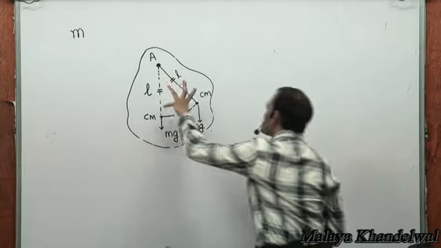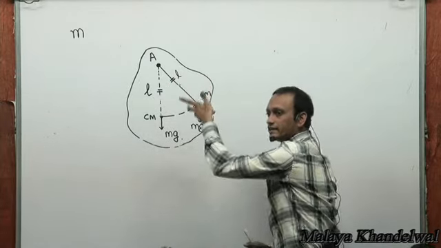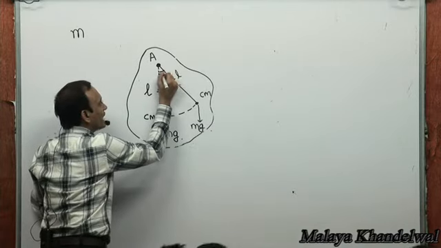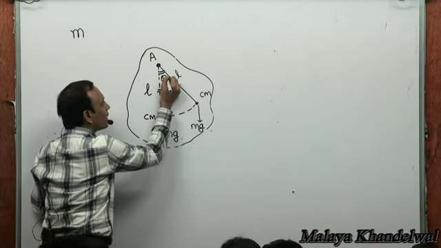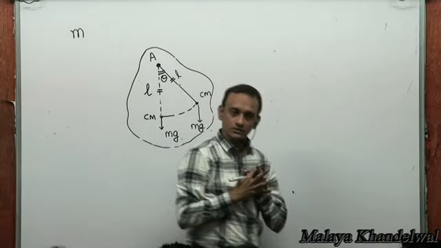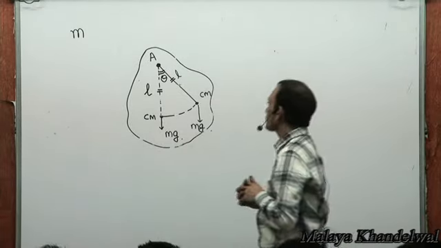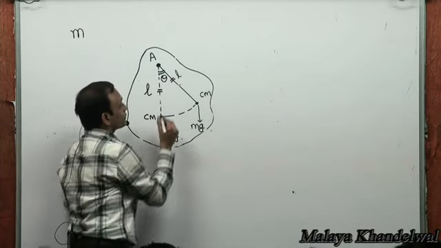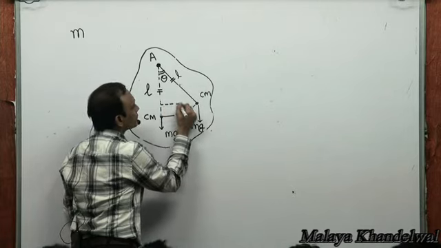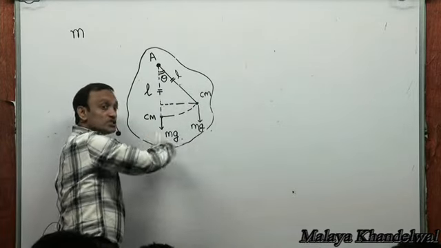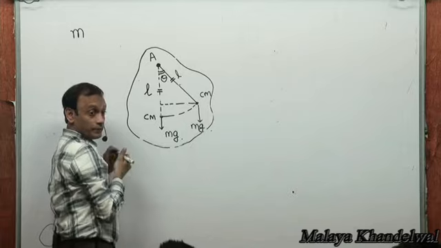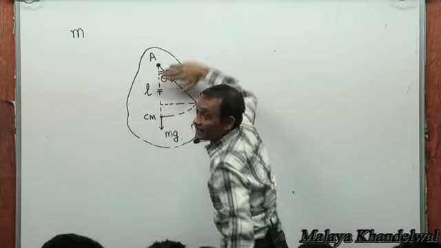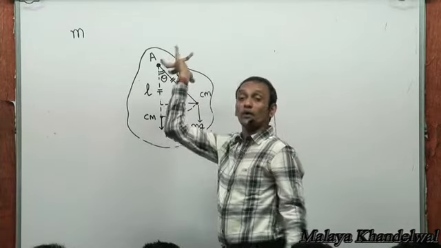And I have swiveled it anti-clockwise, and say this angle is theta, the amount by which I have swiveled this. Clear? Now, do you see that this laminar body, after you displace it anti-clockwise, will experience a clockwise torque?